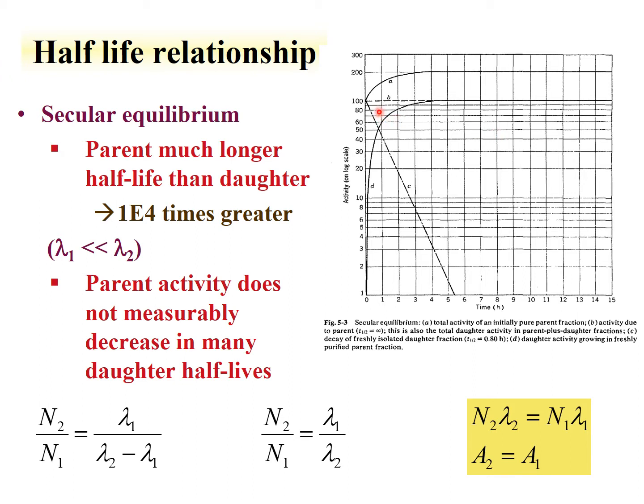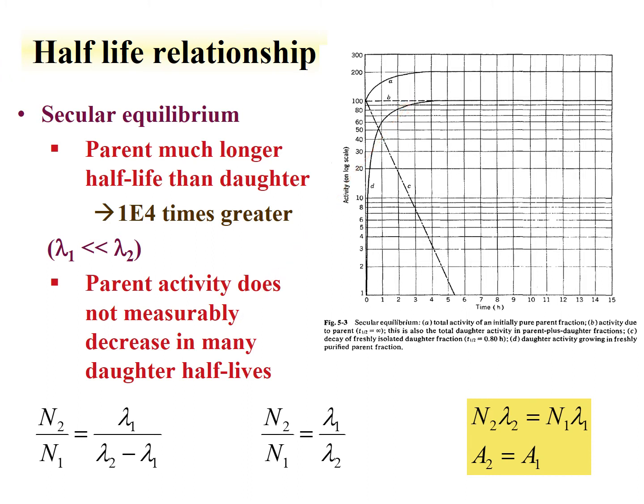So you may have an amount of parent, shown here, the daughter grows in, and then the total activity is basically twice the parent activity. So in this case, the parent does not measurably decrease in many daughter half-lives. We see that that seems to be the case.